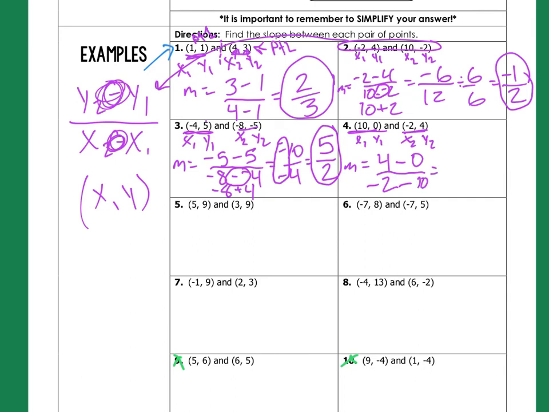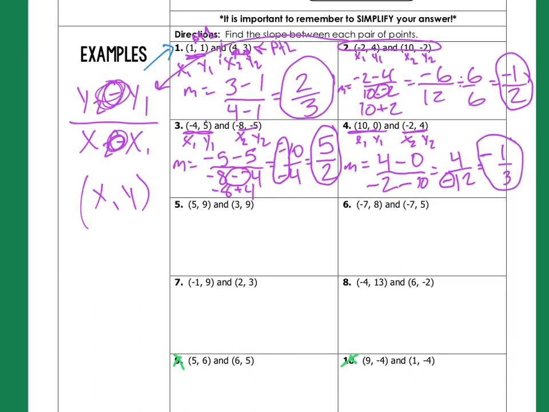So I've got 4 minus 0, that's just 4. -2 minus 10, so we're going further, that's -12. Those have a number in common, 4. So if I divide 4 out, I get 1 over 3. Now, it's important to remember that I had a negative there, so this is -1/3.